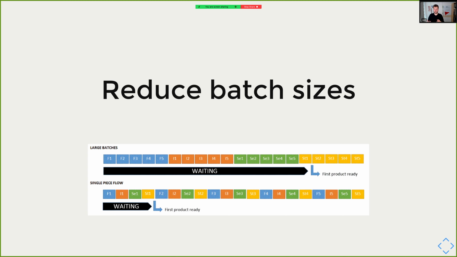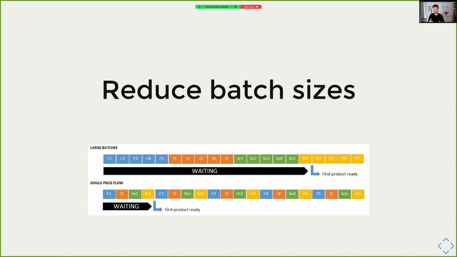If we use a large batch strategy, then we would finish each step with all brochures before we continue to the next step. So first we fold all the papers, then we insert all into envelopes, and so on. And if we say each operation takes 10 seconds for the 10 envelopes, it will take 310 seconds to finish all brochures.